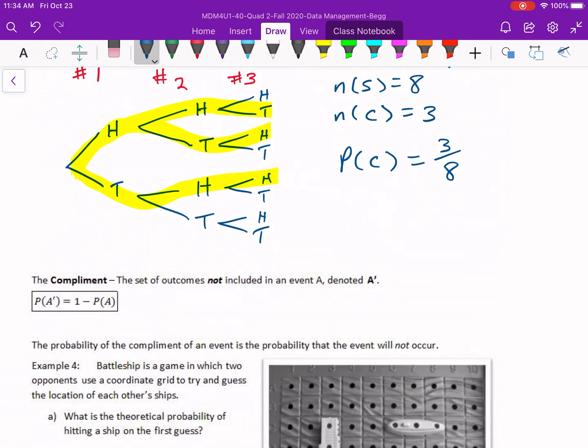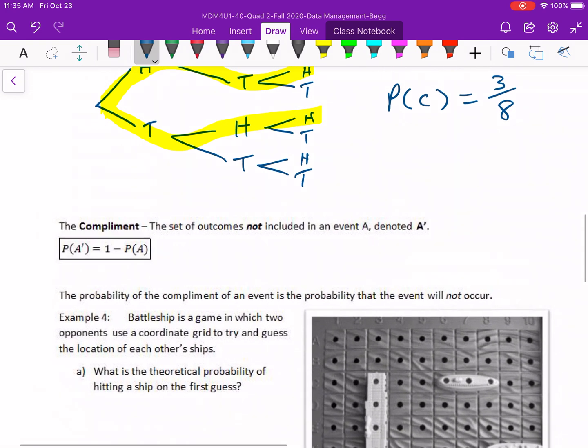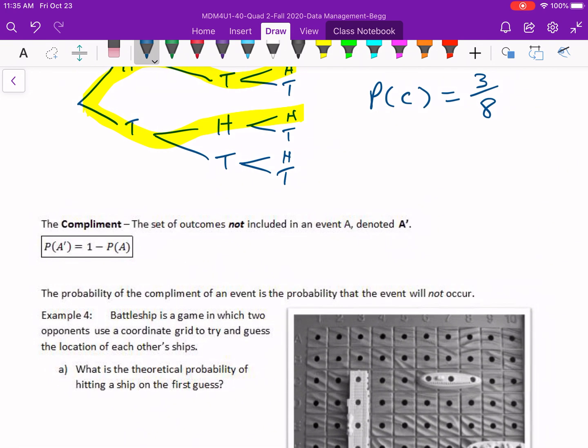The complement of a set of outcomes, I was reading that wrong. The complement is the set of outcomes not included in an event A. And we denote that as A prime, okay? So it's A with an apostrophe beside it, or a B or C or whatever, but it's read as A prime.